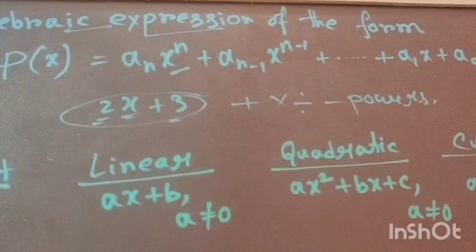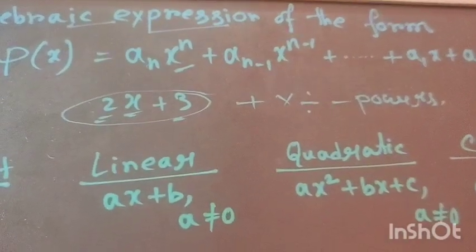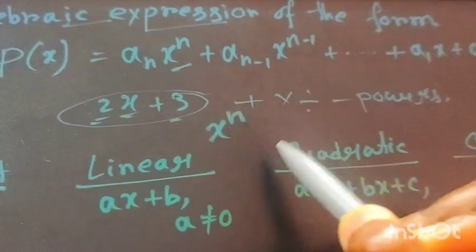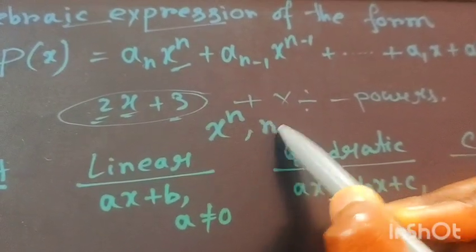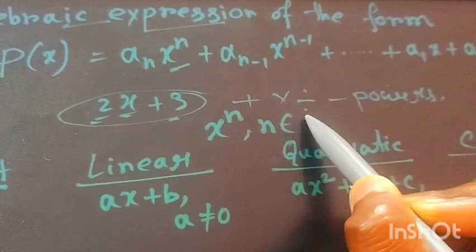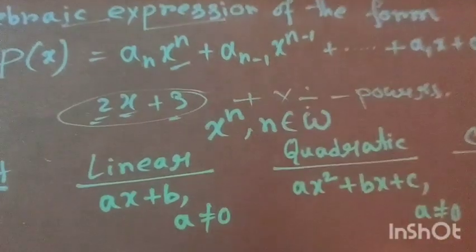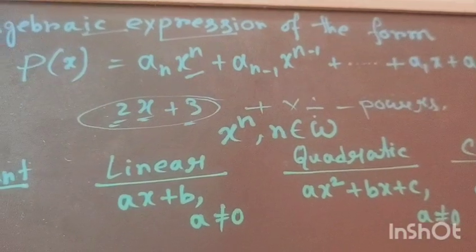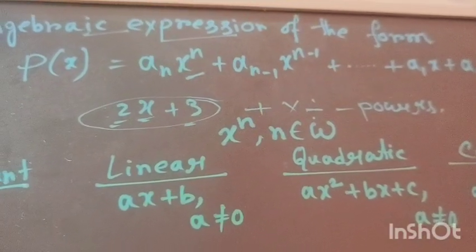The difference is that in a polynomial, the powers of x are always whole numbers. n belongs to the whole number set. What is a whole number? Whole numbers start from 0 and go on with the natural numbers: 0, 1, 2, 3, 4.